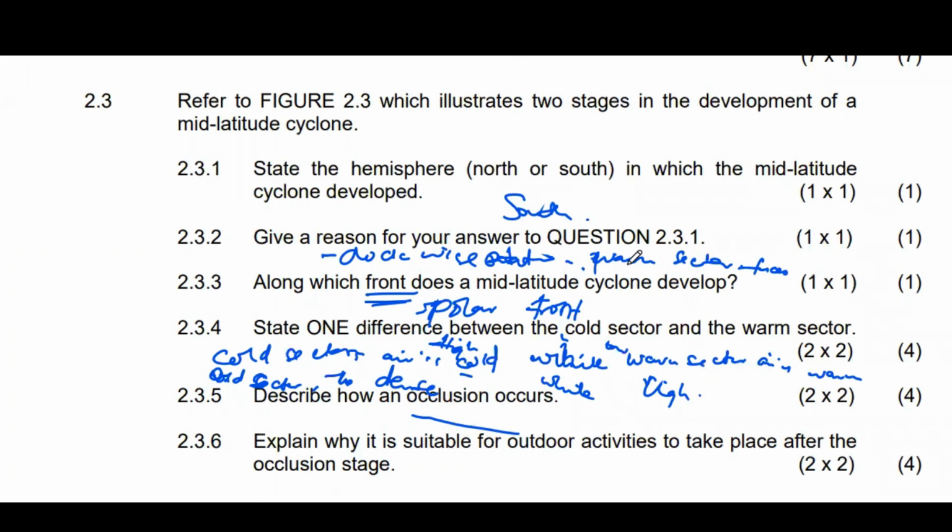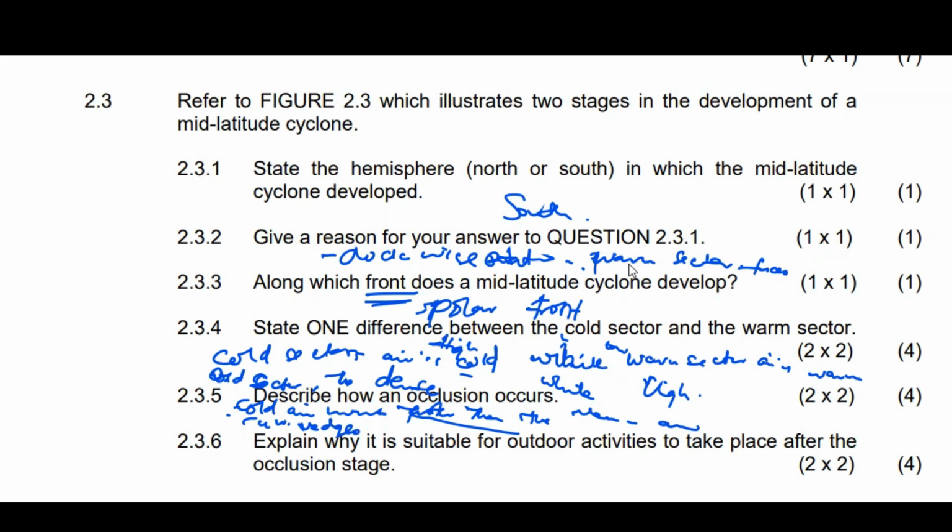How? You're going to say cold air moves faster than the warm air. So what happens? The cold air wedges underneath the warm air, lifting it outside the cyclone.